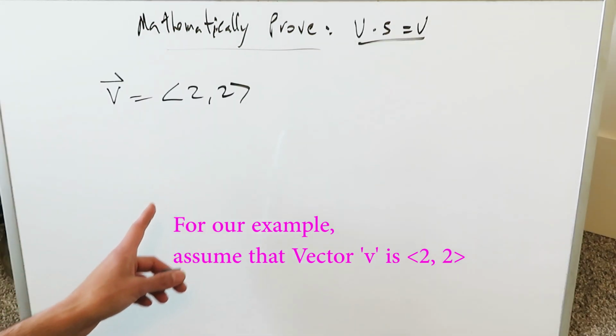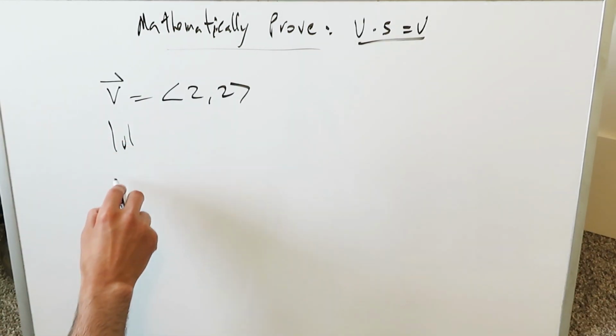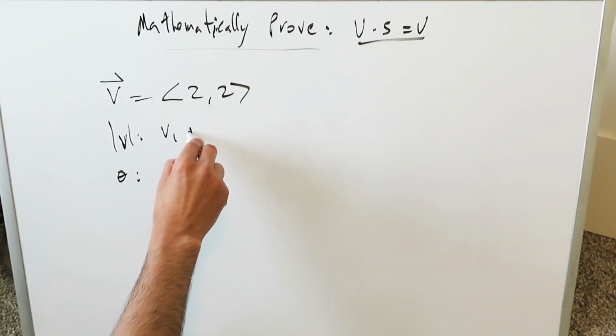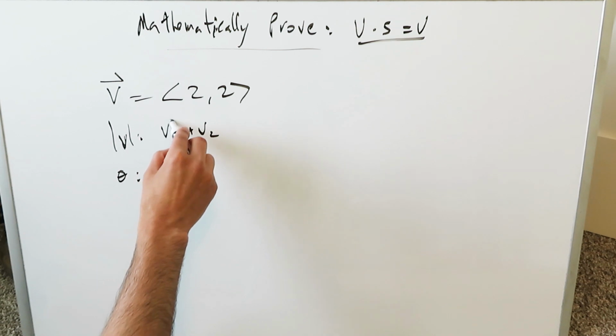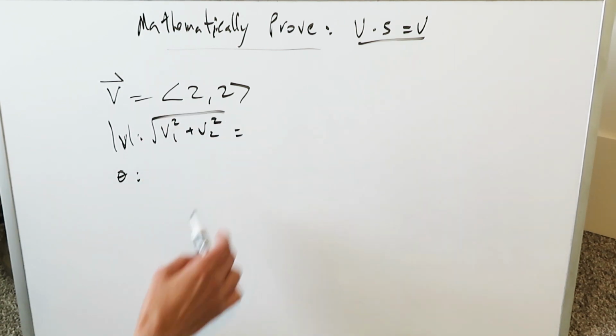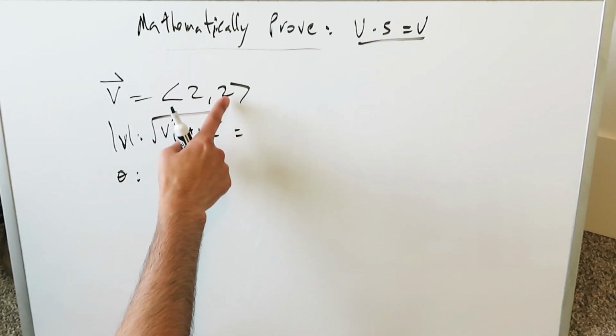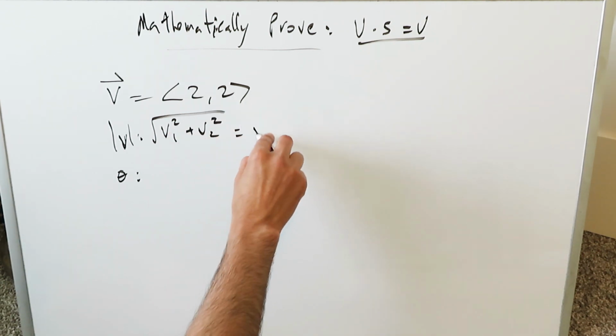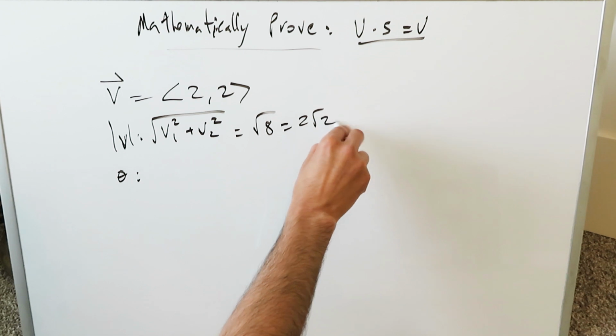You can decompose this vector into its magnitude and its direction. What's the magnitude? The magnitude is always your v1 squared plus your v2 squared, your individual components squared, and then the square root of that. You'll have 4 plus 4, you're looking at root 8, and then you're having 2 root 2.